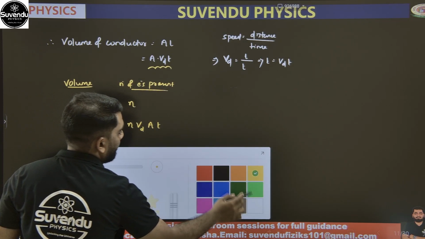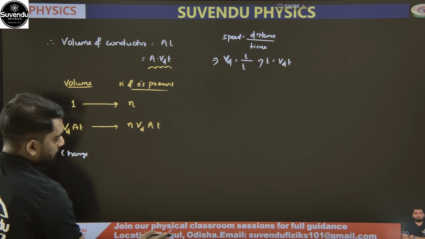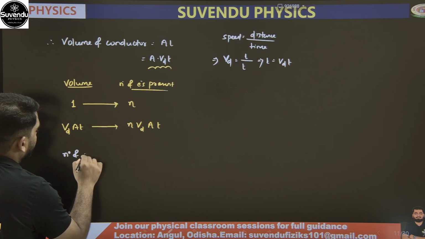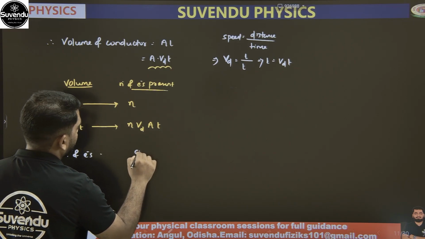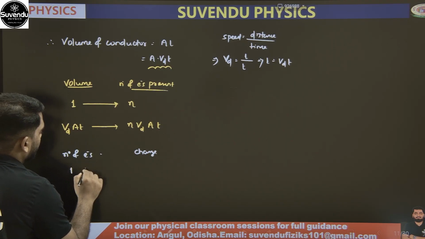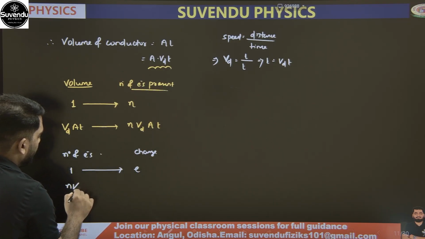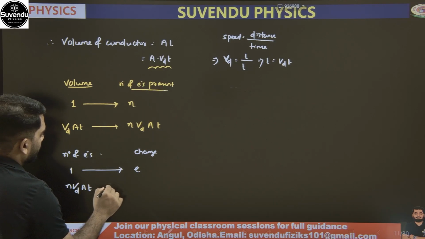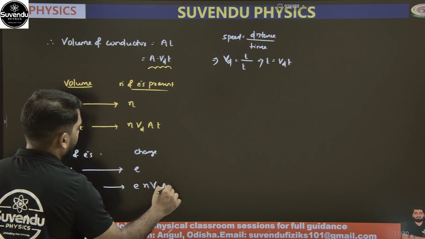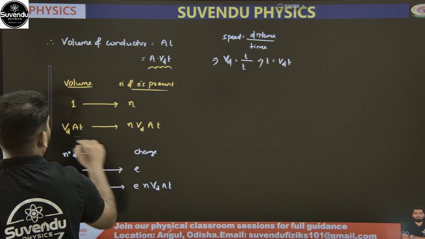Now write the number of electrons, and next their charge. For number of electrons 1, the charge is e. For number of electrons n Vd A t, what is the charge? e into n Vd A t. It is the unitary method only; I am focusing upon the unitary method.